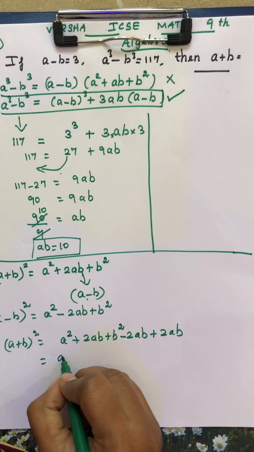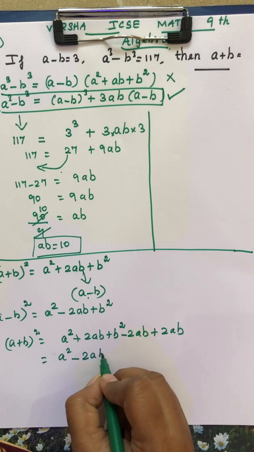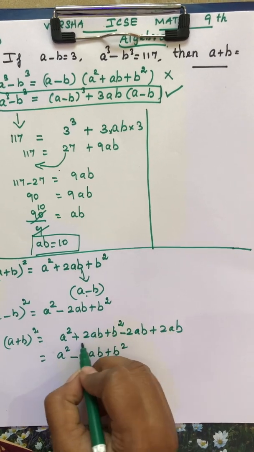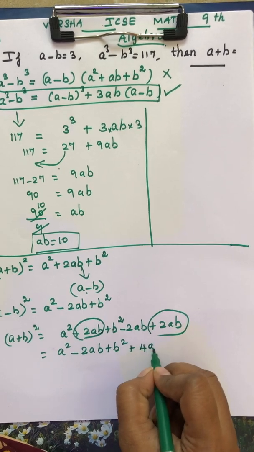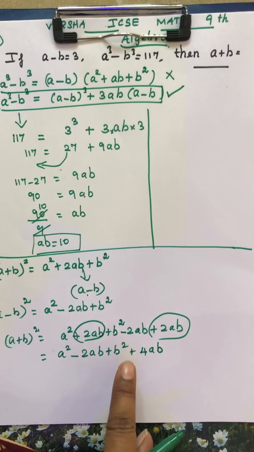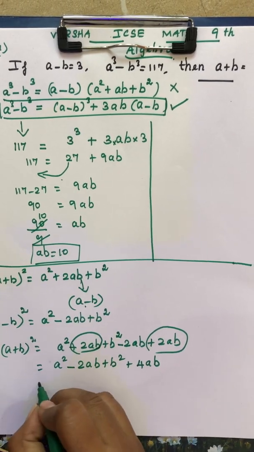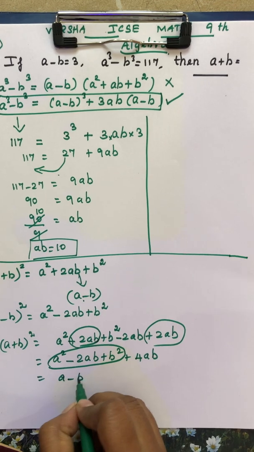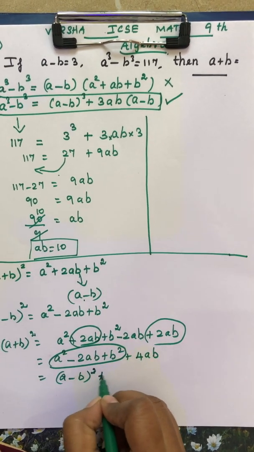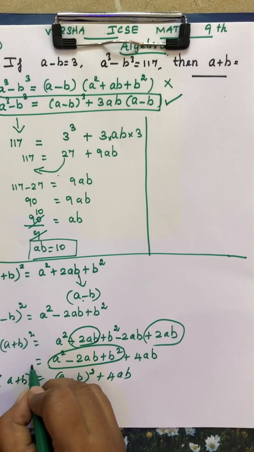Now we have a square minus 2ab plus b square, and the remaining terms add up to 4ab. Do you understand, students, this step? Now we can write a minus b the whole square plus 4ab, and this is a plus b the whole square.